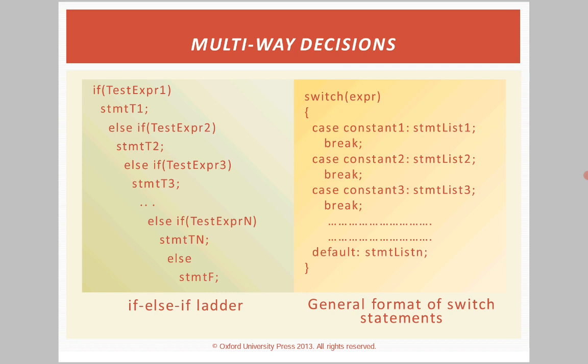Else if test expression n is true, then statement n is executed, else statement F is executed. So this is the working of multiple if statements, called the if-else-if ladder.